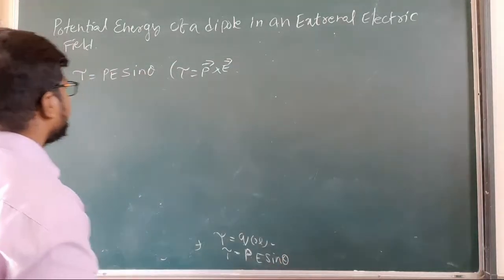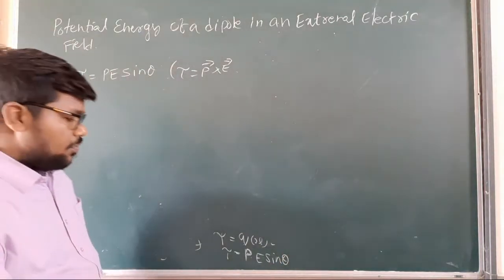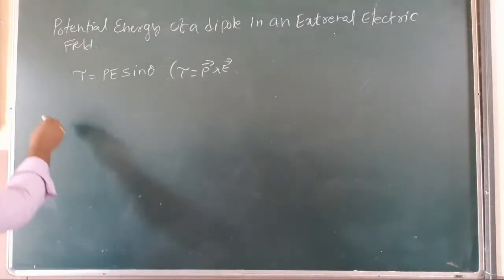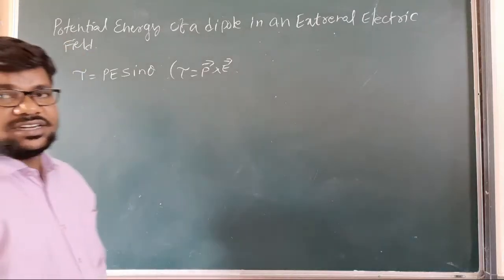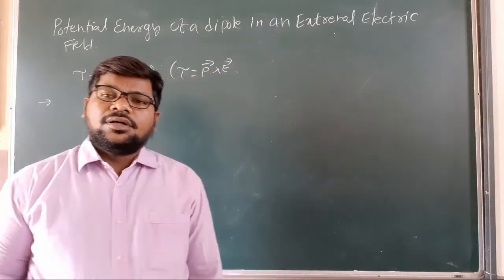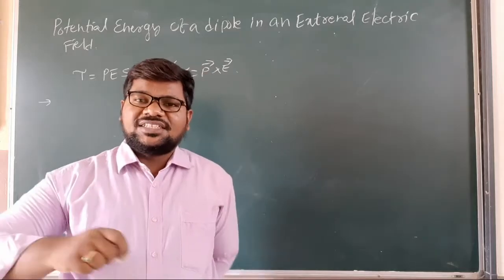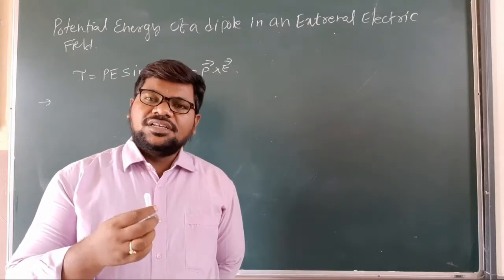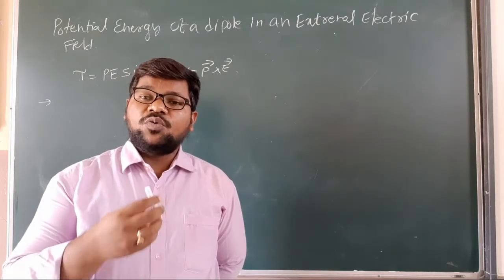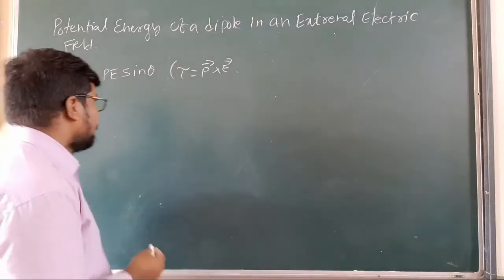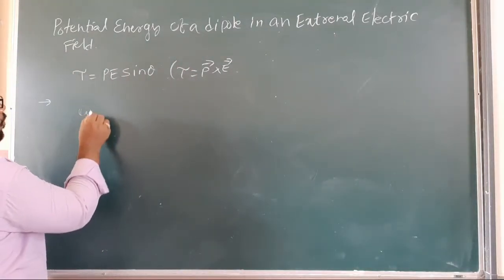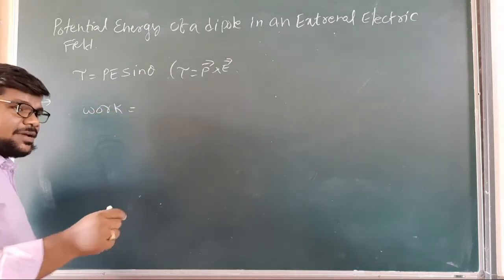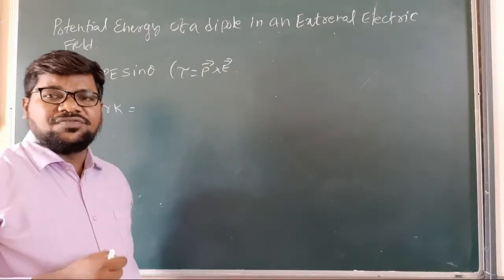Now we have to see how the potential energy is calculated. While the dipole rotates in an electric field, some amount of work is done. Some amount of work is done to rotate the dipole in a uniform electric field.